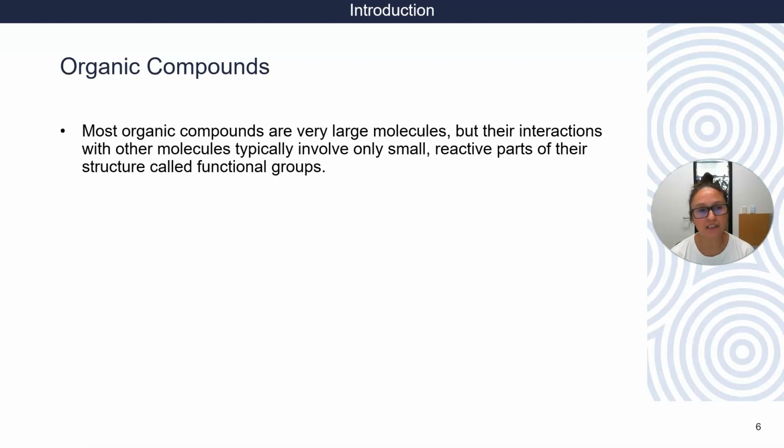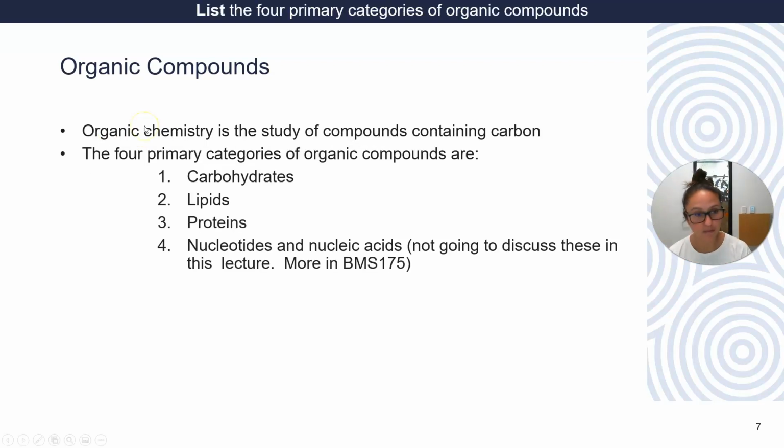And the reason why we need to learn about biological molecules is because if we remember back, atoms make molecules and molecules make cells and cells make tissues and tissues make organs and organs make organ systems. And then the last part is organ systems make organisms. Okay, so it's important to learn about these biological molecules.